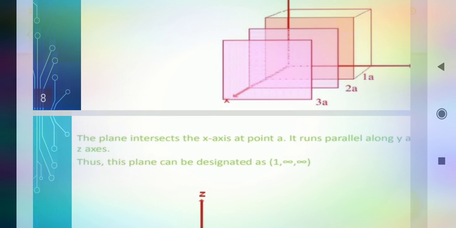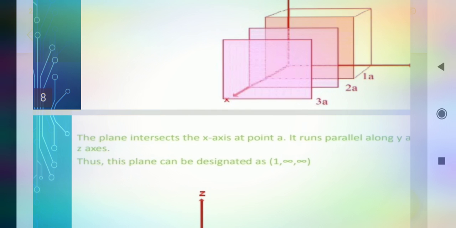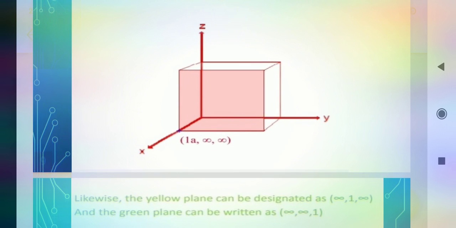The plane is represented as 1 on the x-axis, and we only consider the x-axis, not y and z. That is the reason we took the number 1 for the x-axis and infinity for y and z. We don't have anything on y and z, so we simply left them blank.